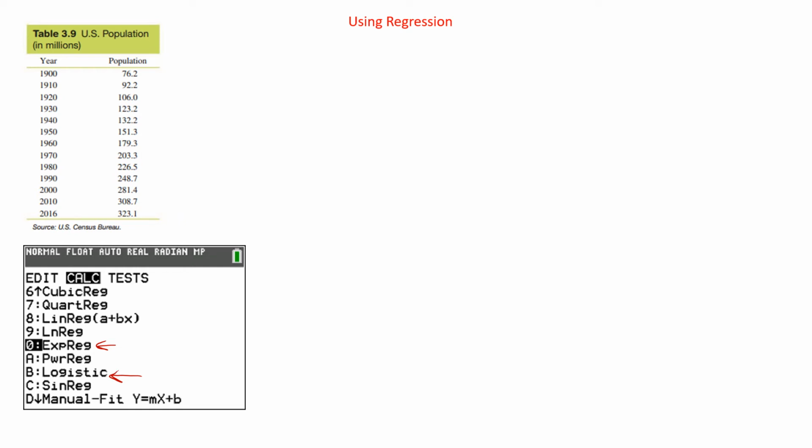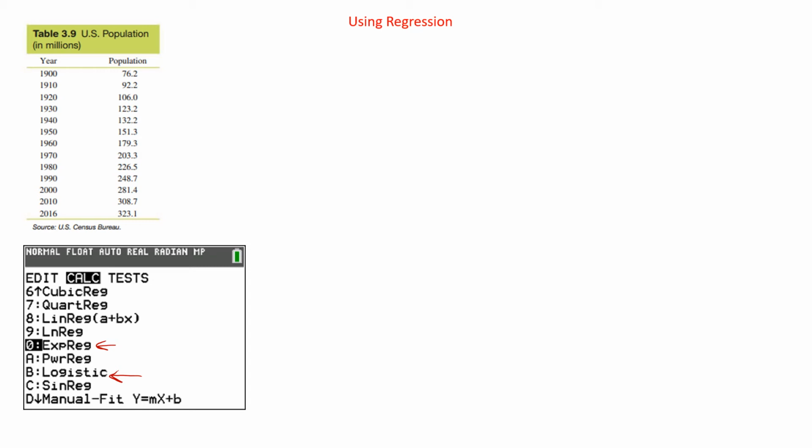That's the other one that we're looking at in this section. And then it's still going to ask for your X list and your Y list. You put it in, everything's the same when you do regression in these calculators, except for which regression you pick. What kind of model do you want? So you can do that, and then you hit enter, and it gives you your answer the same as it always has.